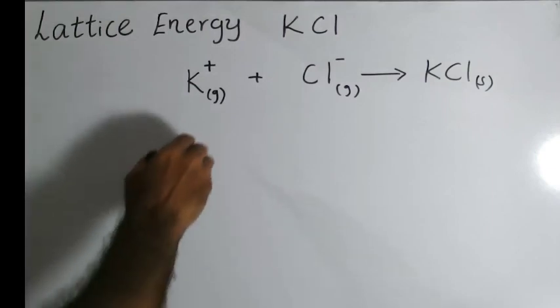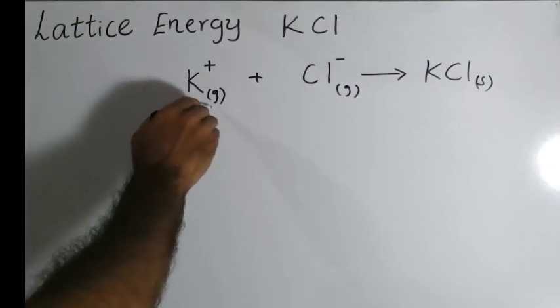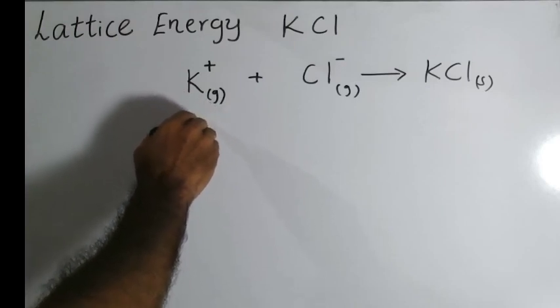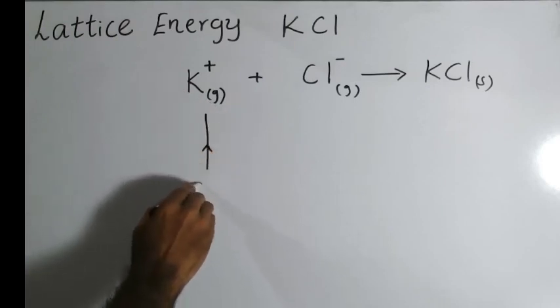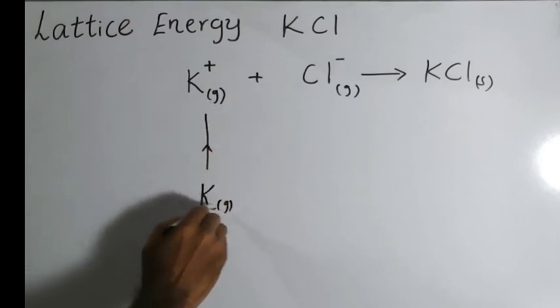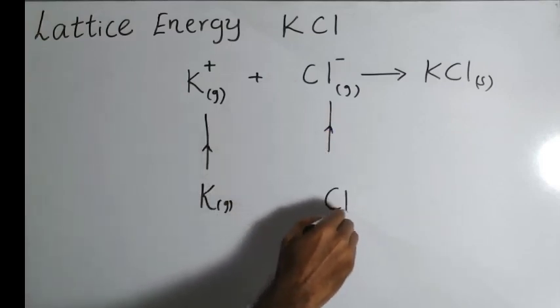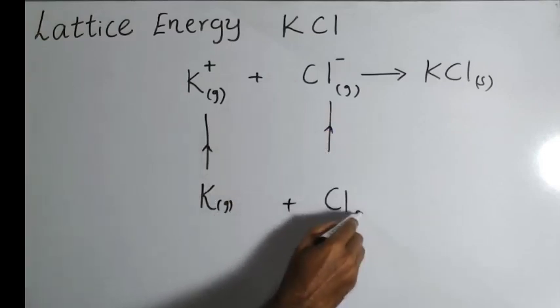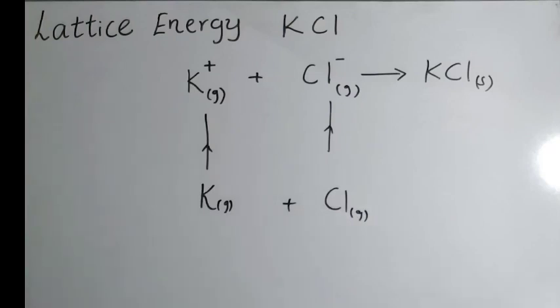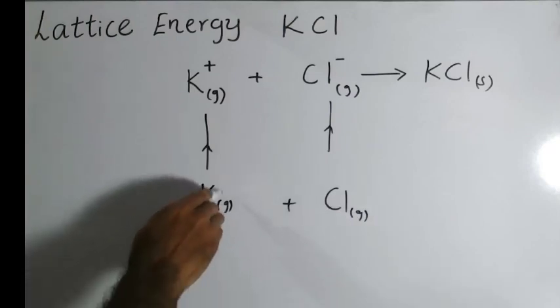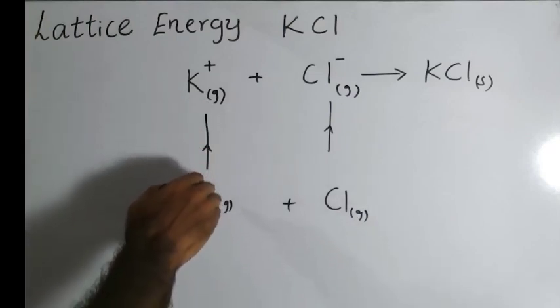Then we have to look at how we obtain gaseous ions. For potassium, we have to go from potassium atom. Also for chlorine, we have to go from chlorine atom. Then we will look at what process is involved in this conversion.